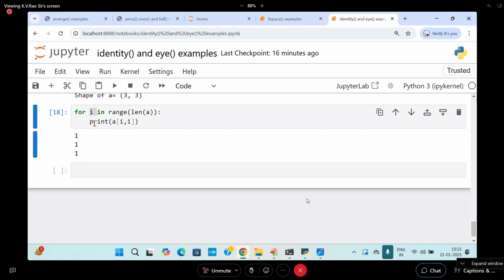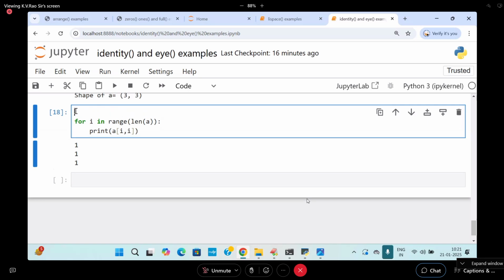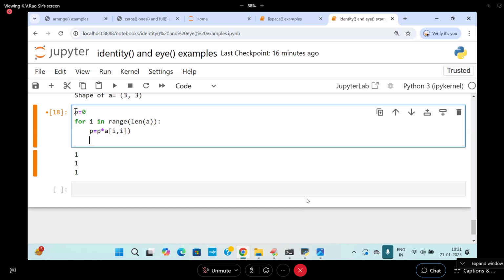Are you following me? If you want the product, P is equal to 1. P is equal to what? P into A of I, I. And finally, I will write it: product of principal diagonal elements, or main diagonal.